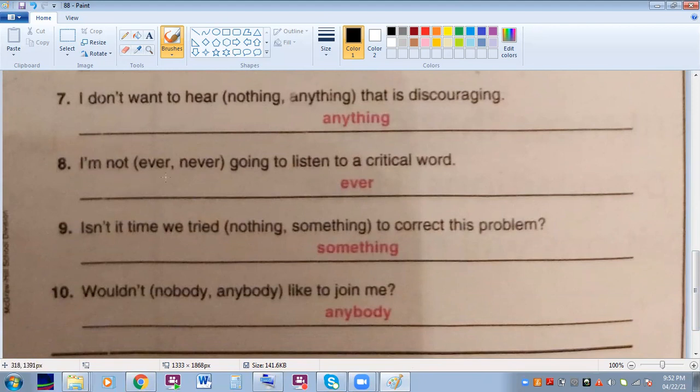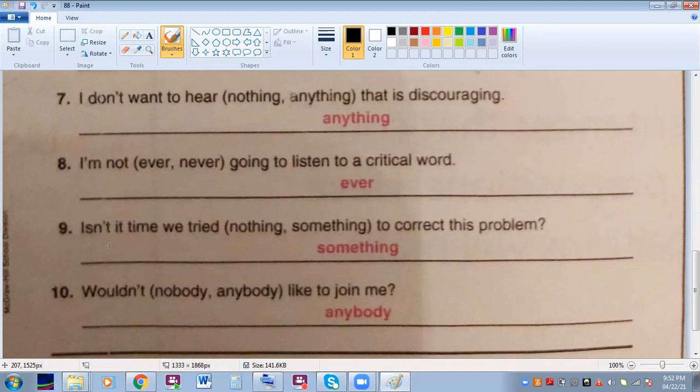I'm not ever, never going to listen to a critical word. Not, our negative word. So we have to have a positive word as our answer because we can't have two negatives. I'm not ever going to listen to a critical word. Isn't it time we tried something to correct this problem?